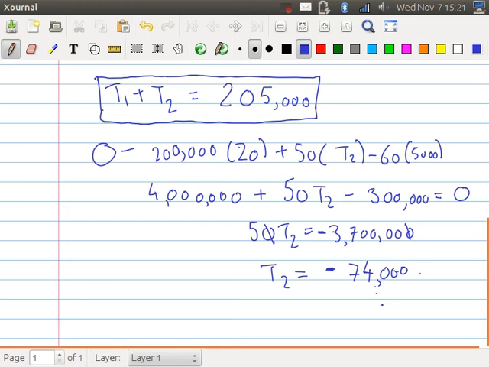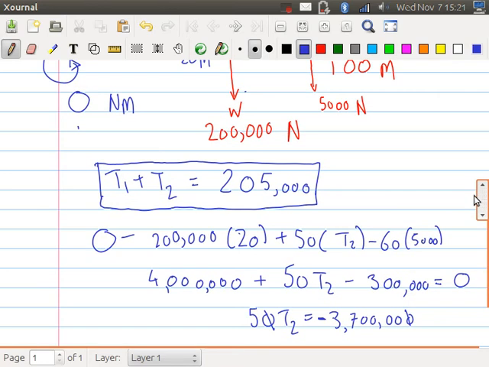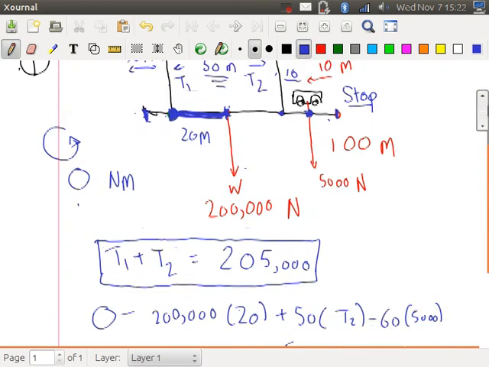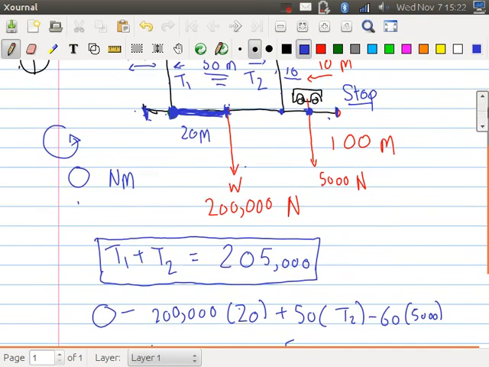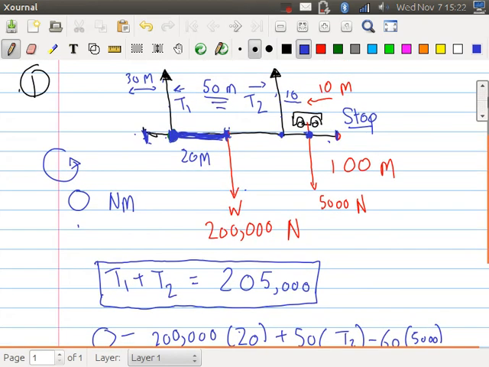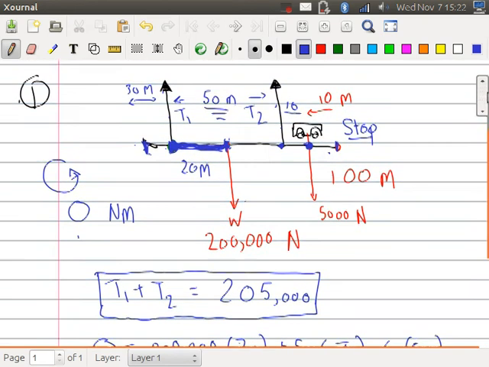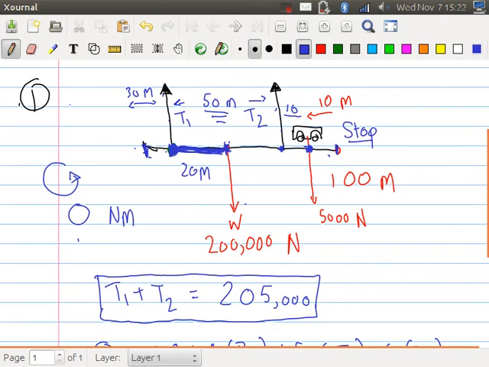Why is it minus? You are treating the downward force as negative. Why is that? No, I'm treating the downward force as positive, and 200,000 is negative. Yeah, but I put it in as positive. The only reason I wrote the negative was because it was clockwise. Maybe I should draw this at the start.